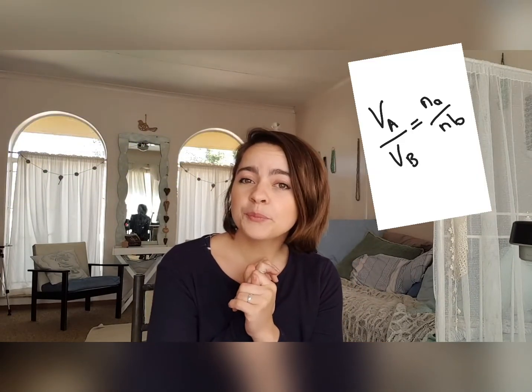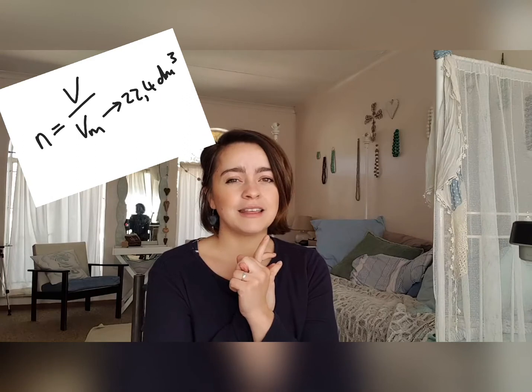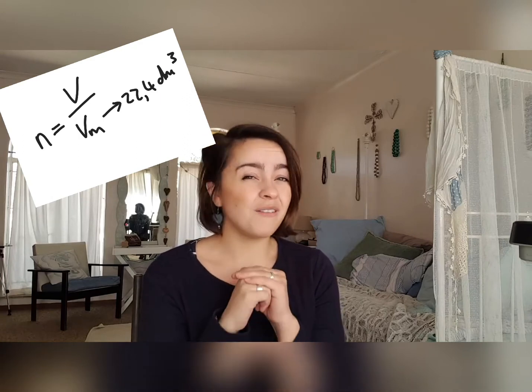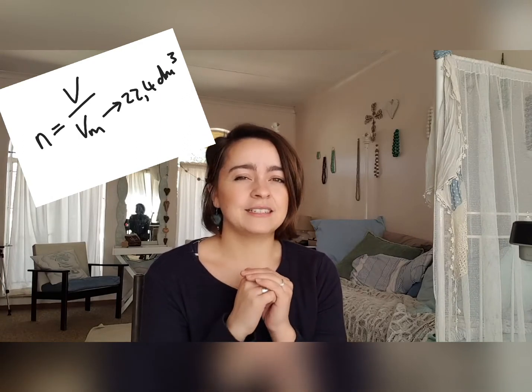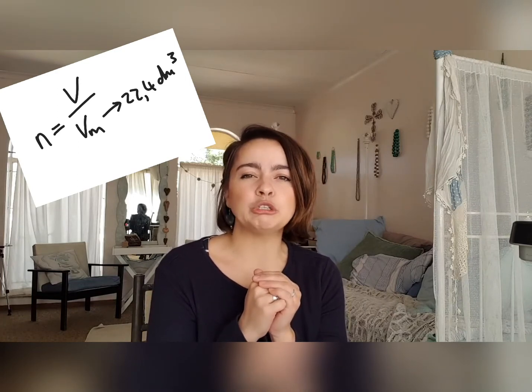And if it is a gas, you can use one of your gas formulas, whether it is the ratio formula, or the formula for STP, the fact that 1 mole of any gas at standard temperature and pressure occupies a volume of 22,4 cubic decimeters.